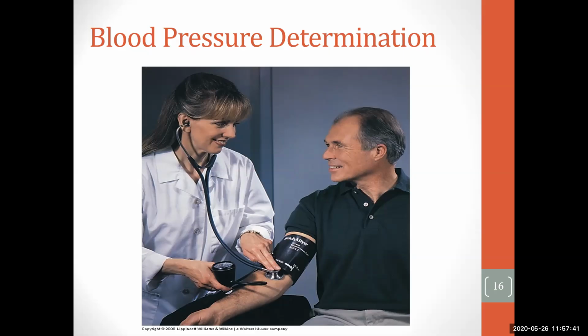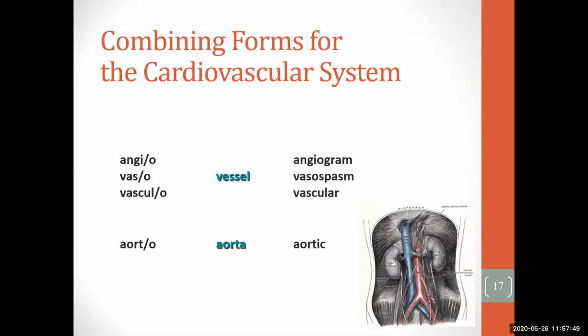Then we release the valve and listen for what we call Korotkoff sounds, and the first sound and the last sound will determine the blood pressure. Nowadays, we often use an automatic or electronic blood pressure cuff. You see a lot of people have those at home too, because it's really hard to read your blood pressure by yourself using the manual blood pressure cuff.